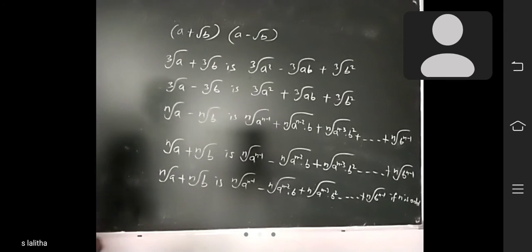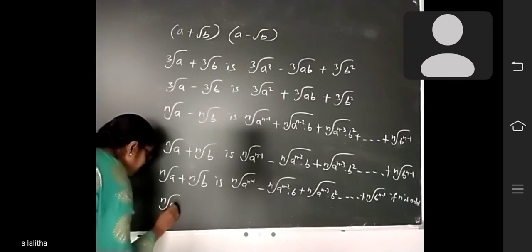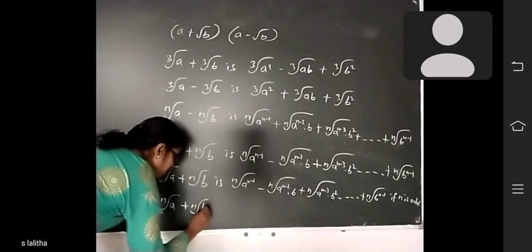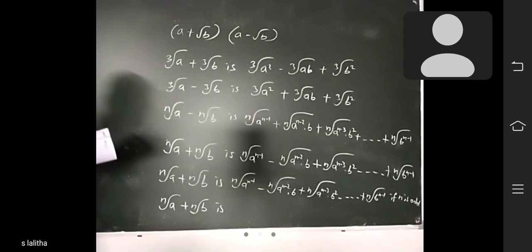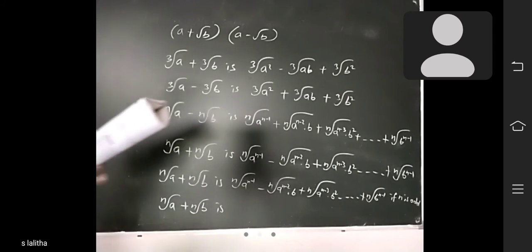Next, nth root of a plus nth root of b, if n is an even number, then how can you write this one?